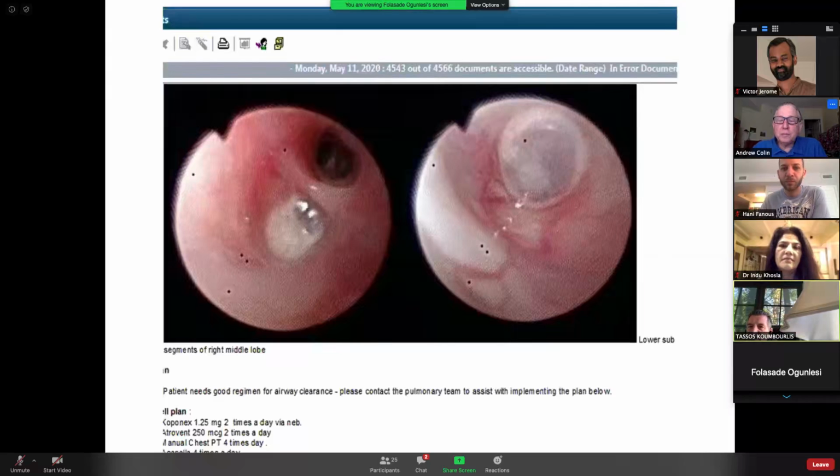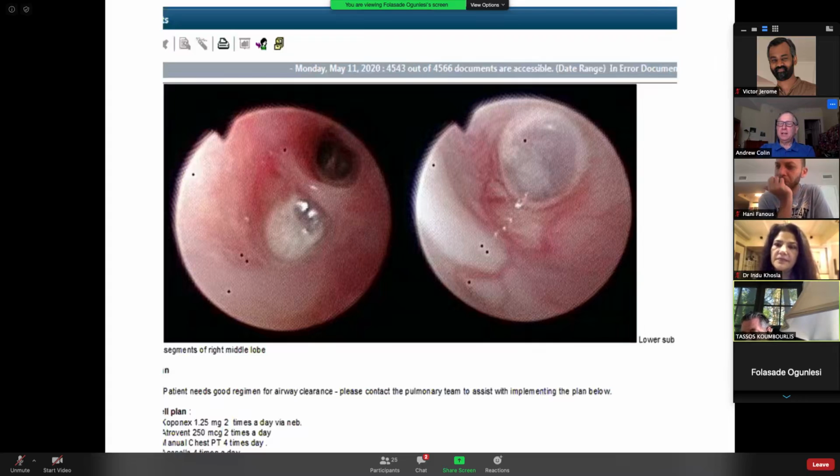So this girl had extensive membranes that were going all the way almost to the main stem bronchi. And they were very thin membranes, very translucent. And the interesting thing is that we did break them, and we tried many different ways. We tried with brush, we tried with the bronchoscope itself.